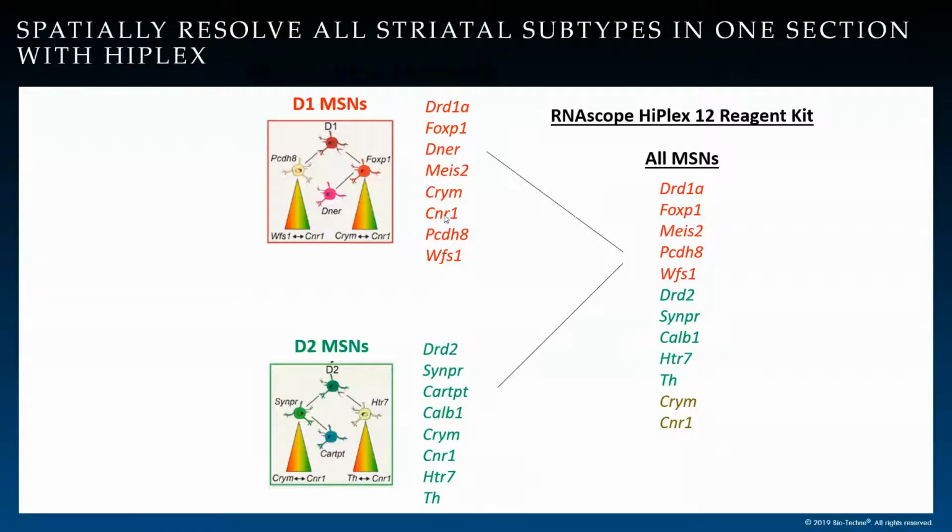So we designed probes and combined these 12 targets, 8 of which were specific for the D1 and the remainder specific for D2. And then we took 5 and 5 of each of them and combined them with 2 targets that are commonly expressed in both D1 and D2.